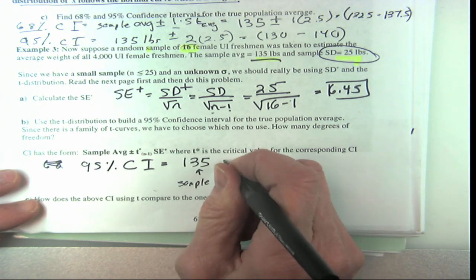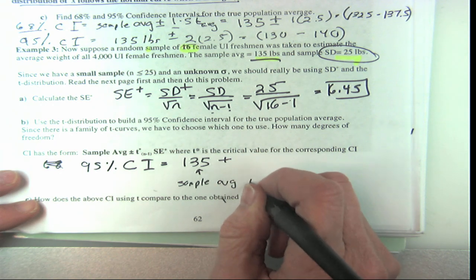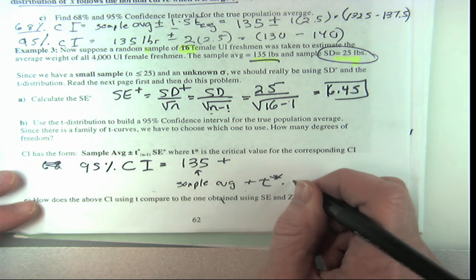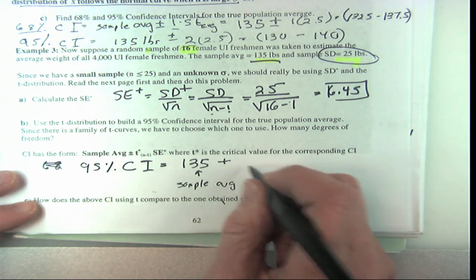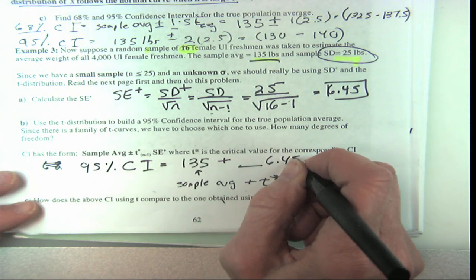And then what do we usually do? We're going to say sample average plus or minus t star, the critical value, instead of z star, times the standard error. So we don't know t star yet, but we know this standard error is 6.45.